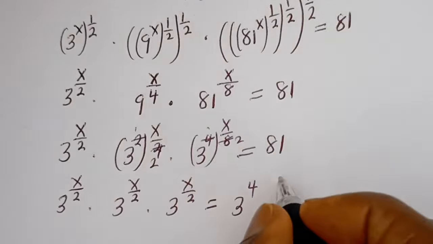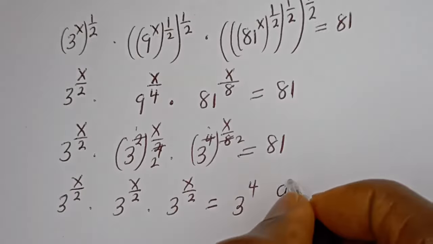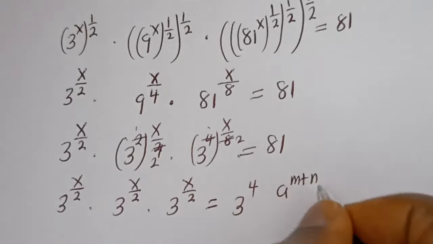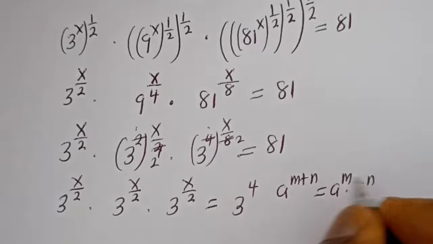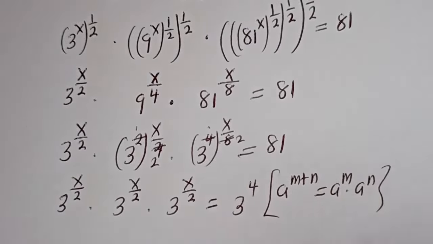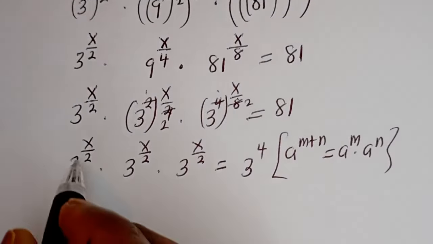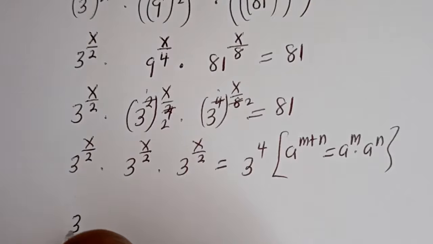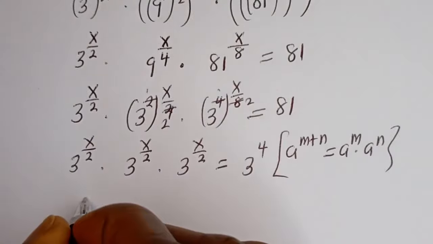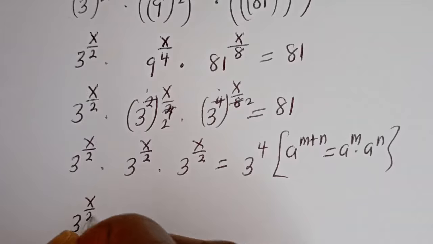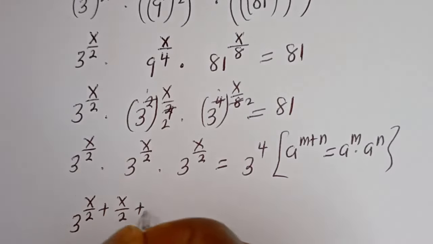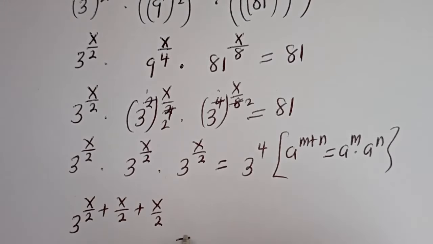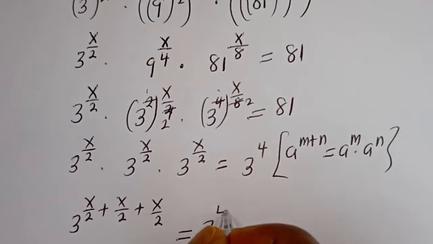Now take note of this, that if you have a to the power of m plus n, it is equal to a to the power of m multiplied by a to the power of n. Then this can be written as 3 to the power of x over 2 plus x over 2 plus x over 2 is equal to 3 to the power of 4.